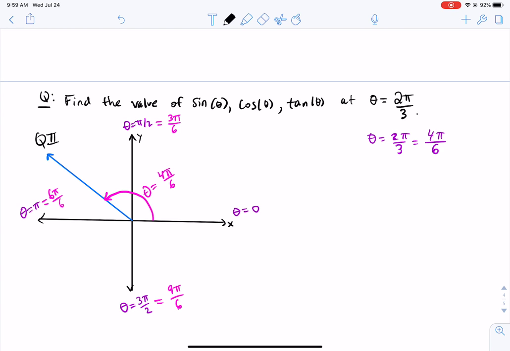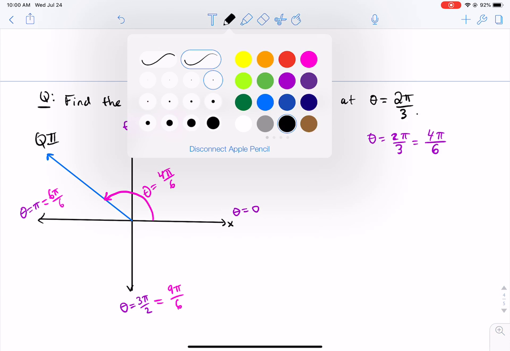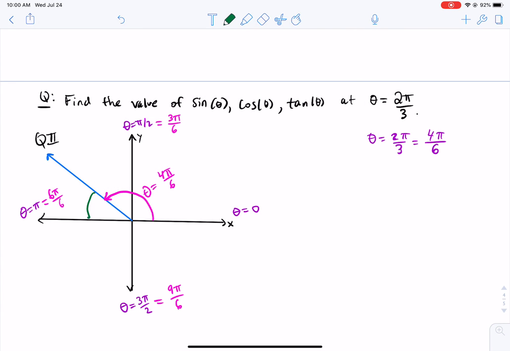What we take a look at will be a reference angle. Not the coterminal angle, but a reference angle. The reference angle is what you need to complete all the way to the x-axis. You need to complete an angle to touch the x-axis, and in that case, it will be this little angle here.